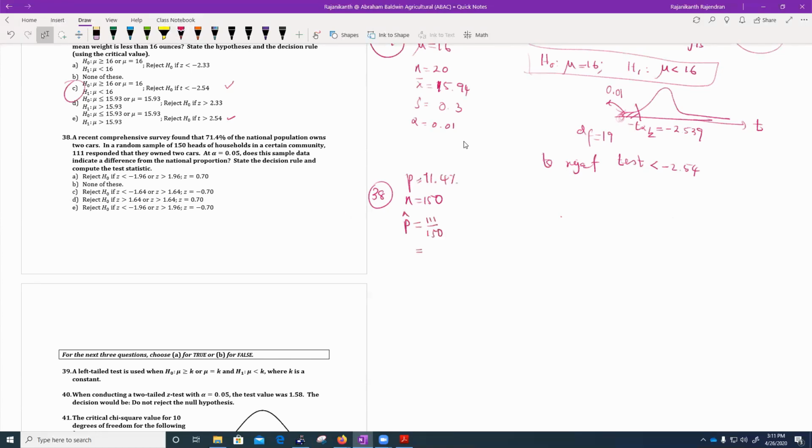So if you find that number, I got my answer as 0.74. Then Q hat should be 1 minus 0.74, which is 0.26.